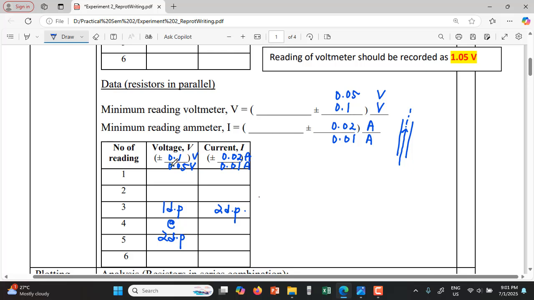Tapi kalau uncertainty you pergi sampai separuh skala terkecil seperti ni, then 2 decimal places, then you make sure all your readings put into 2 decimal places. So tempat perpuluhan untuk data recorded mesti konsisten dengan tempat perpuluhan uncertainty yang anda catatkan. Jelas ha? Okay. So siapa-siapa yang silap sila betulkan dalam report writing.